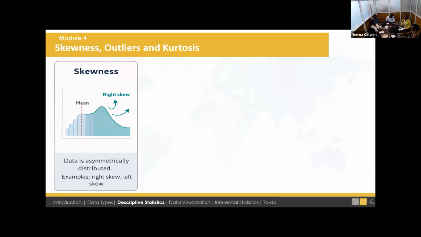It's very important to understand whether your data is normally distributed or asymmetrical, because it will help you decide which test to use, since some tests are specific for normal distribution and others for asymmetrical distribution.